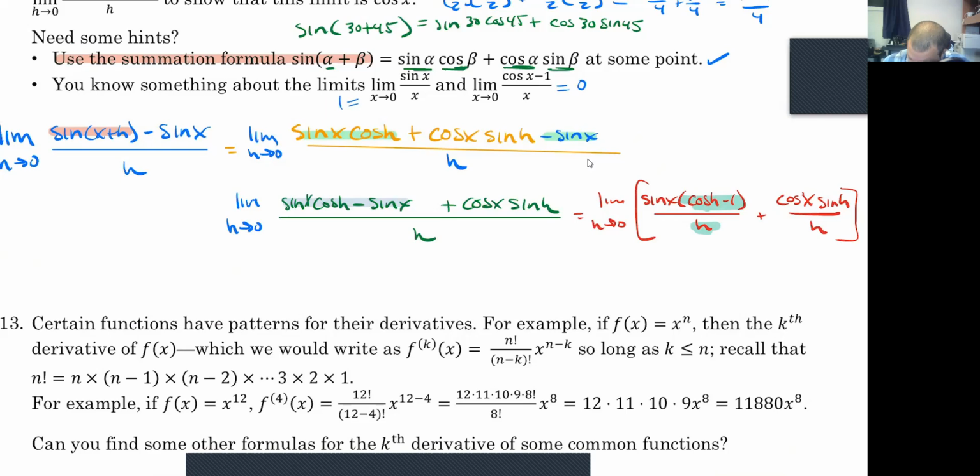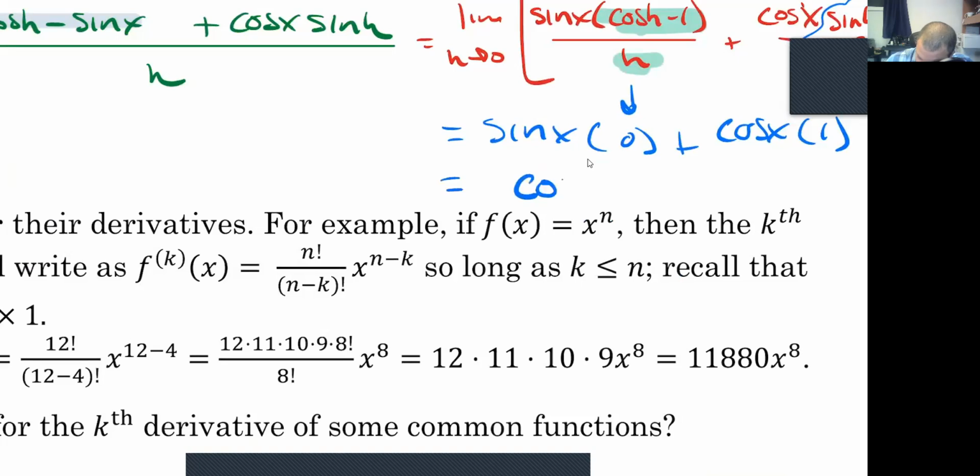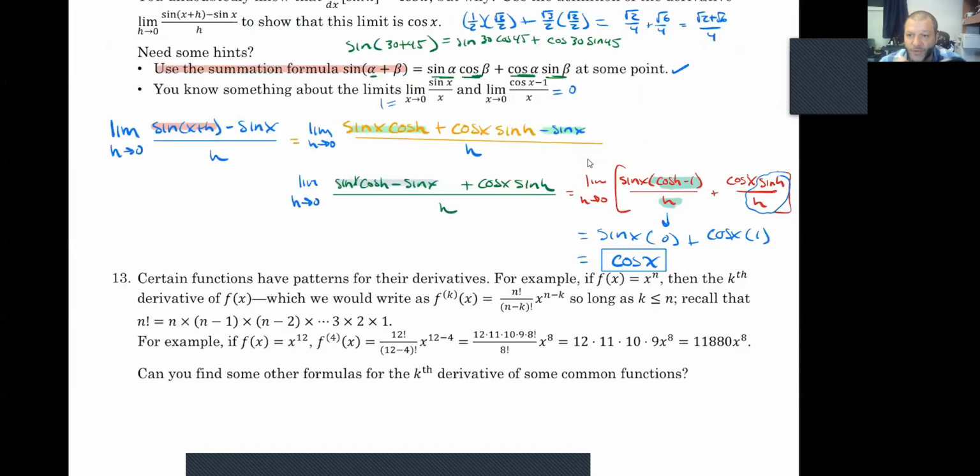So this is going to be the sine of x times 0 plus, well, we know something about the sine of h over h. It's 1. So plus the cosine of x times 1, that's just going to be cosine of x. We've proved our derivative. We've maybe learned something about trig summation formulas. All in all, great day.